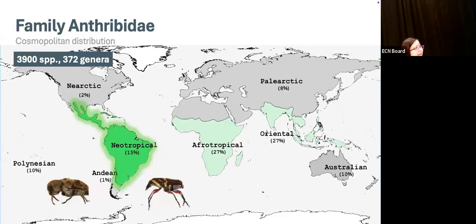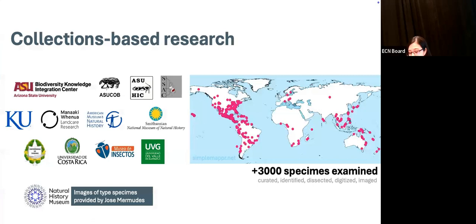I focus on the neotropical region, where around 15% of the species are currently known. But we have over 200 species that are currently undescribed. So there's still a lot of work to do in the neotropical region with anthribids.